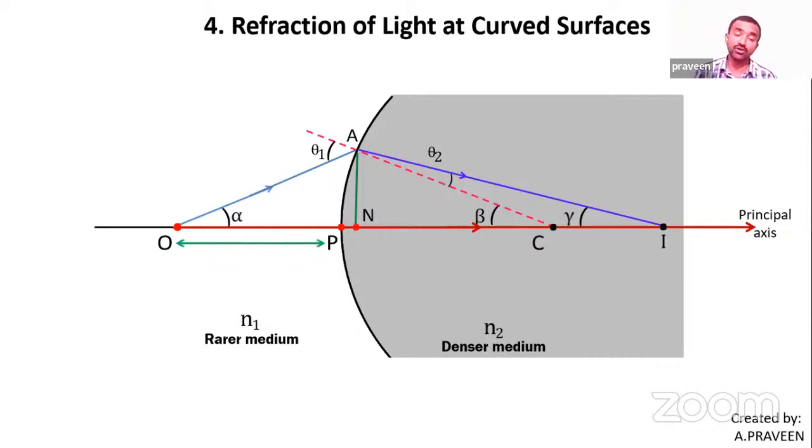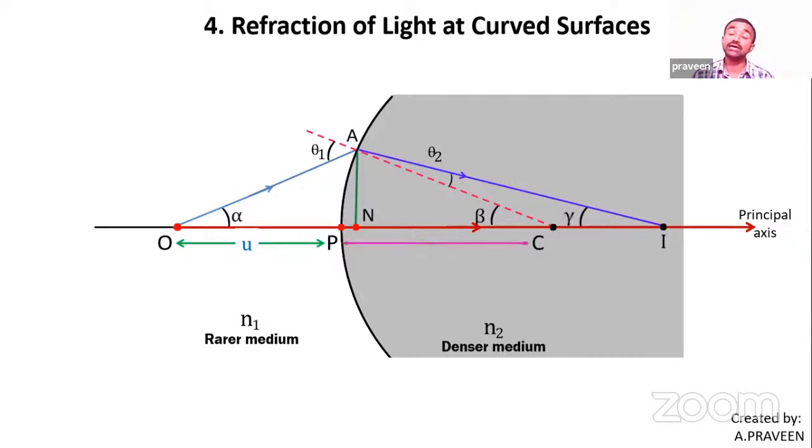Now look at the distance measured between the pole and the object, called the object distance. Then the length measured between the center of curvature and the pole is simply the radius of curvature.